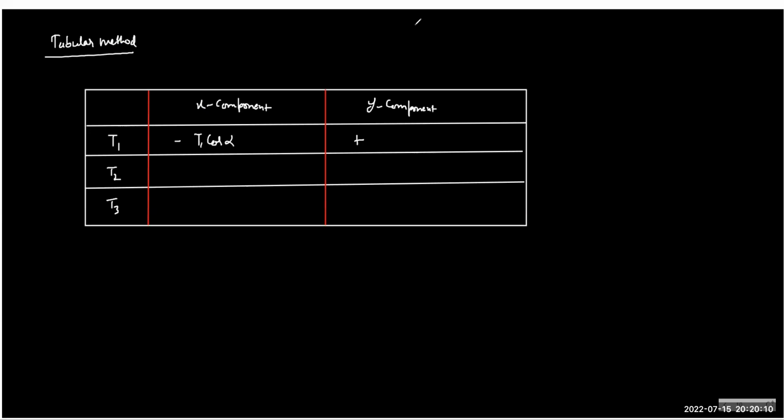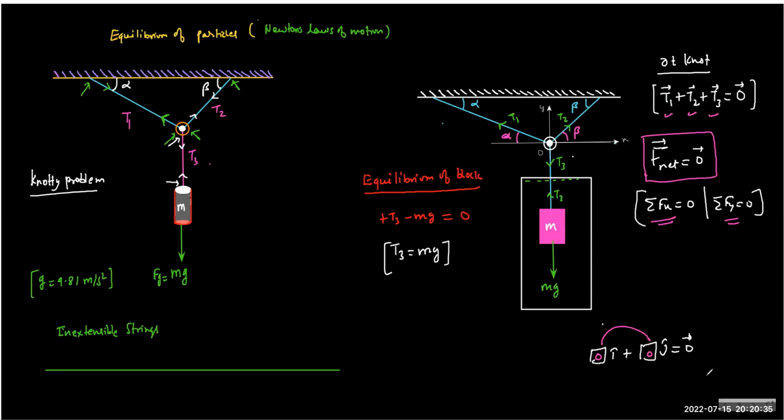If you have any doubt, please do raise your hand. So what will be the y component, guys? T1 sin alpha. Very good. So who will tell me the second one? T2. If you have the diagram, tell me, guys, what is T2? Which quadrant is T2? First quadrant. And in the first quadrant, will both components be positive or negative?